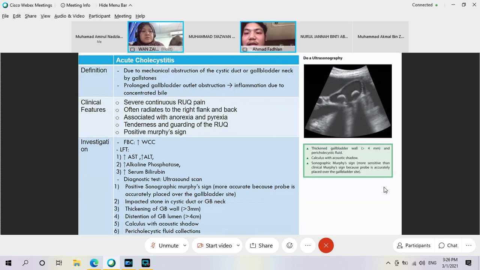Next is the thickening of gallbladder wall, more than 3 millimeter. Distension of the gallbladder lumen, more than 4 cm. And there will be a calculus stone with acoustic shadow and pericholecystic fluid collection. You can refer to the photo on your right for the ultrasound scan.